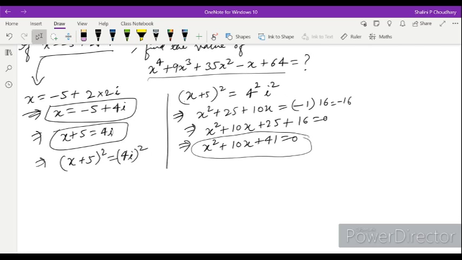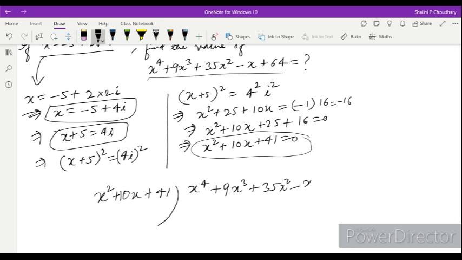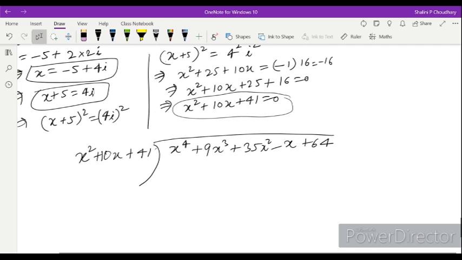If we have this value x square plus 10x plus 41, and we have to divide x to the power 4 plus 9x cube plus 35x square minus x plus 64, if we divide this, what value will we get? First of all, what will we do? This is x square and here the power is x to the power 4. So we will divide this by what value?